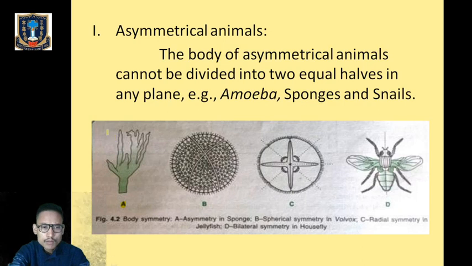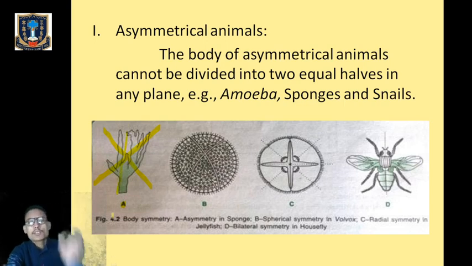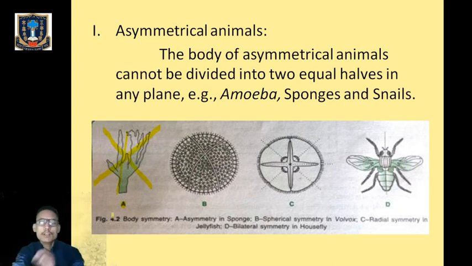So when we try to cut these sponges from this direction, or this direction, or this direction, the body of the sponge cannot be divided into two equal halves. That's why they are called asymmetrical animals. And what does symmetrical animal mean?